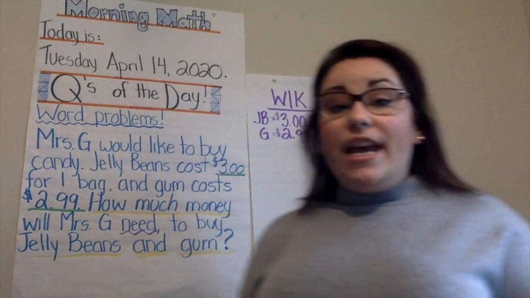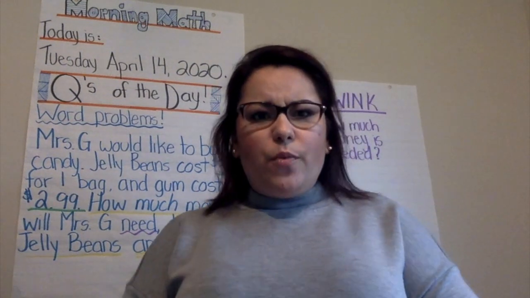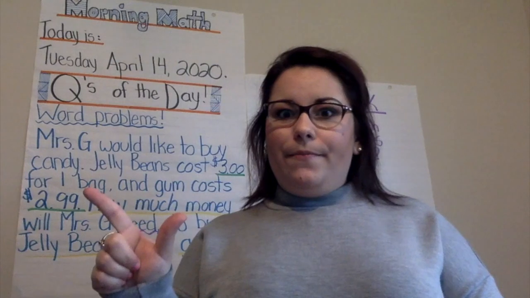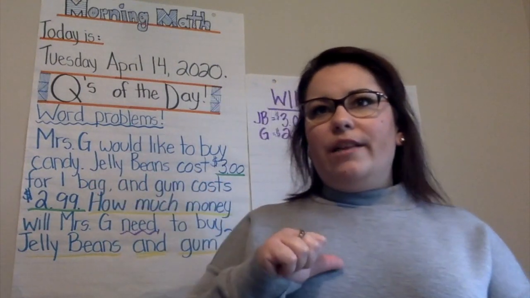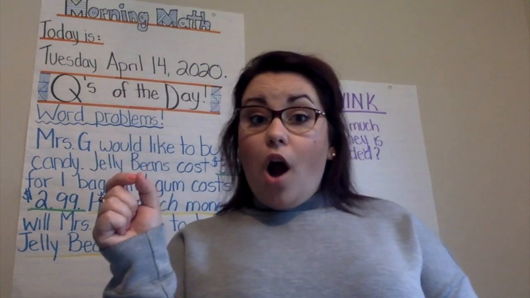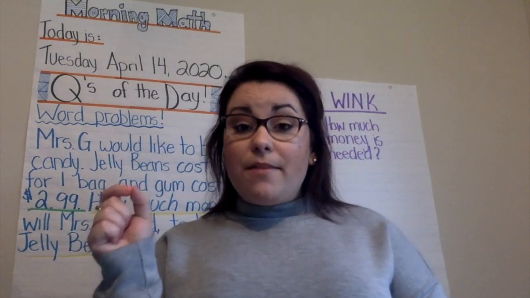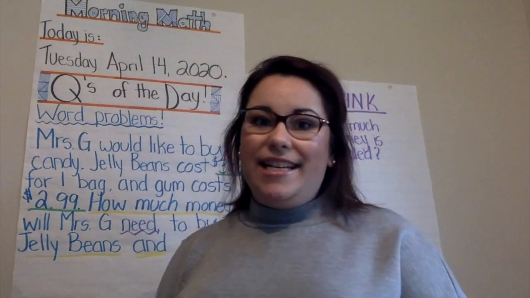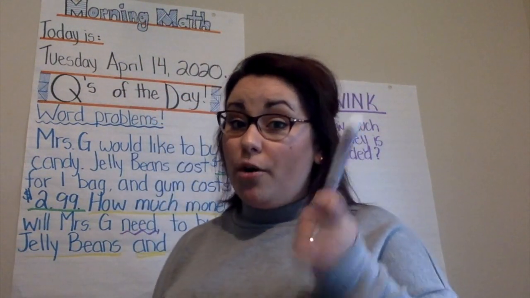Good, so from there, you know that Mrs. G wants jelly beans and gum. Not just jelly beans or gum, but she wants both. So our mathematical operation is, I hope you said addition, and if you did, you are correct.